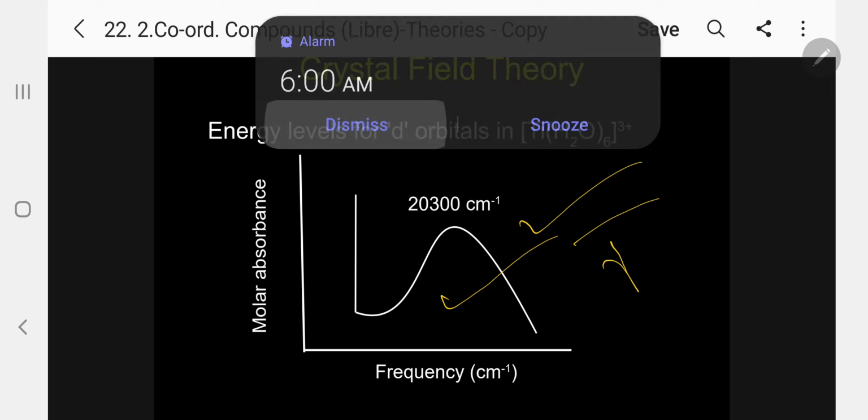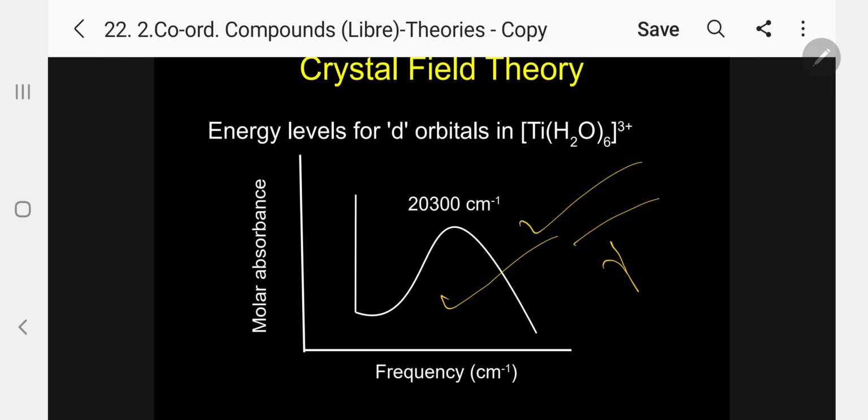So if you know the wave number, we can calculate frequency, lambda, and E. All input data we can calculate. Kindly follow. Now here, the molar absorption, the intensity of absorption versus frequency, is plotted here. Kindly follow.